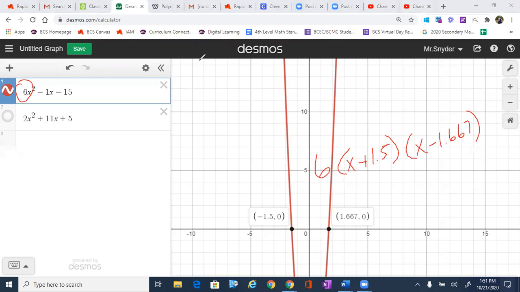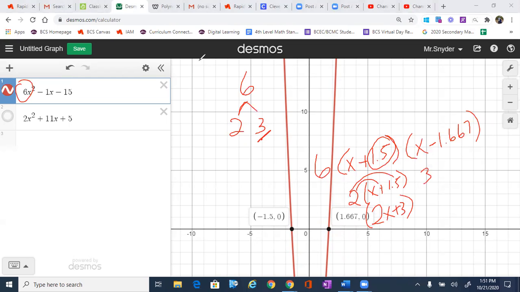So what I do is out of that 6, I say 6 is 2 times 3, and I say which one of the 2 or the 3 will get this number to be a whole number. It's 2. So what I write is, well, I have 2 times x plus 1.5, or 2x plus 3. And then I say, okay, well, what about this 3 here? Well, that's the same thing as 3x minus 1.667.